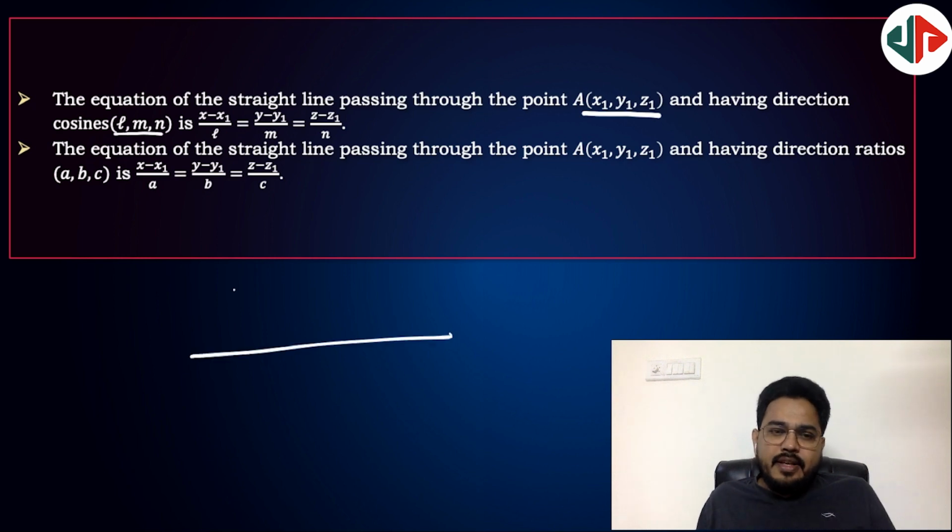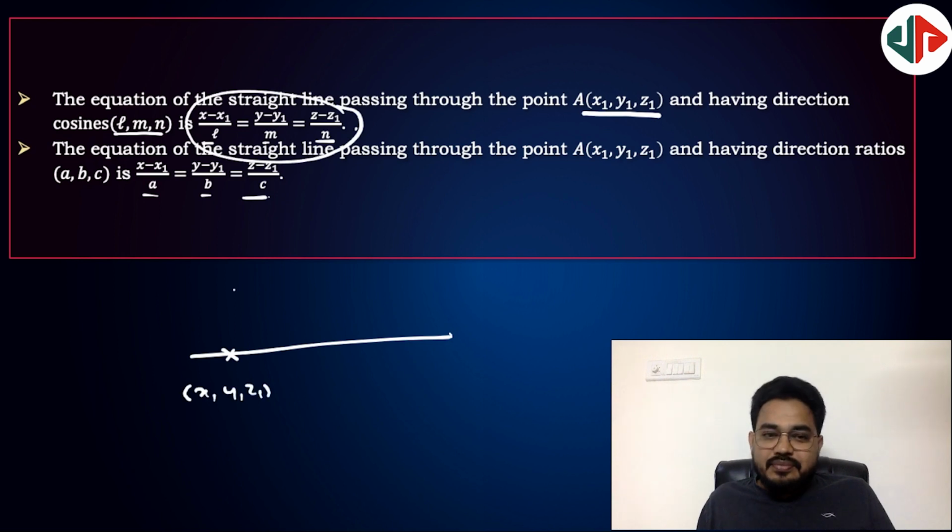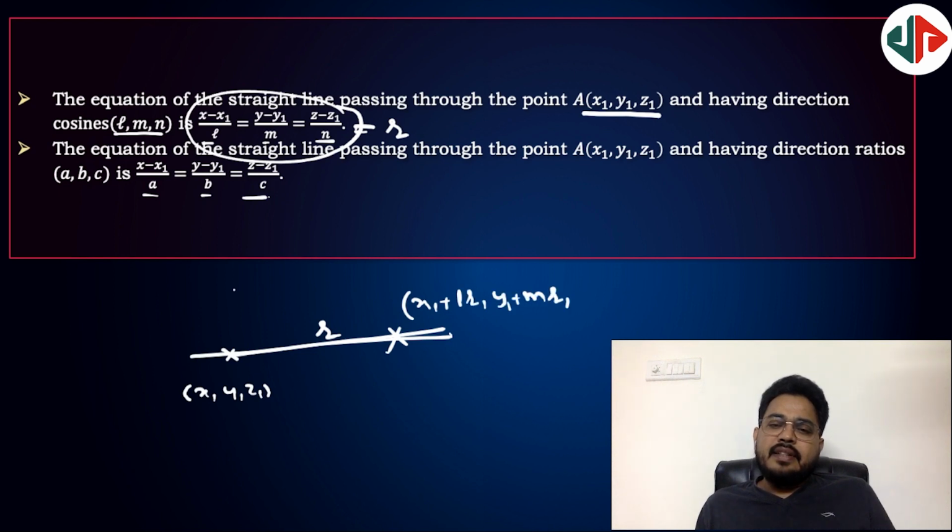Particularly, this form will be taken when these elements are the direction cosines; if a, b, c are direction ratios, both are the same, but I prefer taking this one particularly when I need to find a point on the line which is r units away from (x1, y1, z1). So automatically I will take r: (x1 + lr, y1 + mr, z1 + nr) is a point on the line which is r units away from (x1, y1, z1).